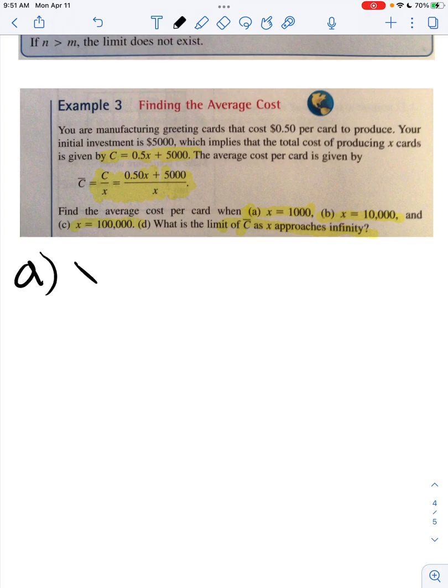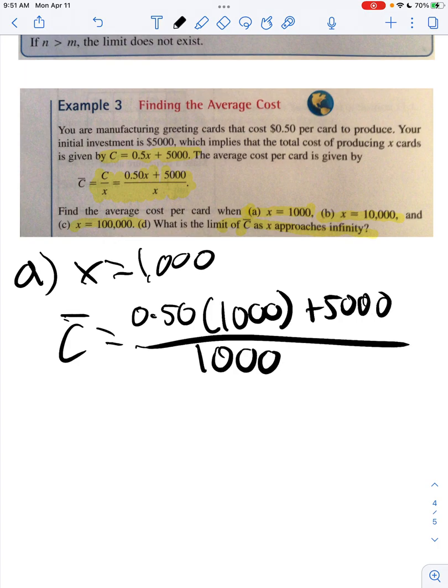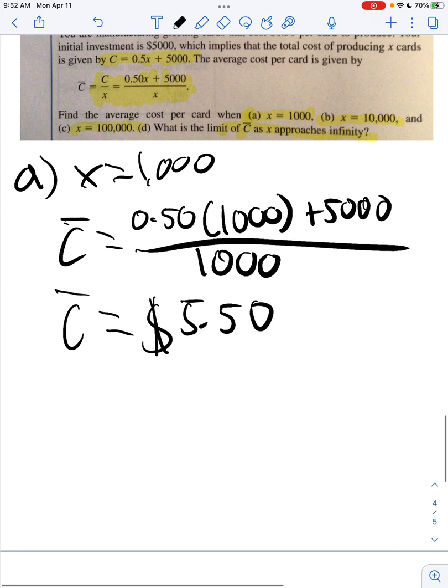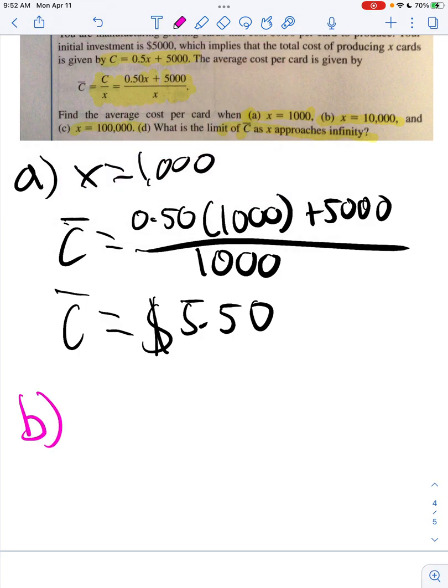So we can use direct substitution to start. So again, part A, x equals 1,000. So I'm just going to plug it in. 0.50 times 1,000 plus 5,000 divided by 1,000. This gives me an average cost, when you simplify and plug it in, of $5.50. For B, x equals 10,000.